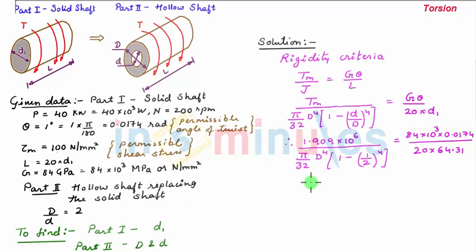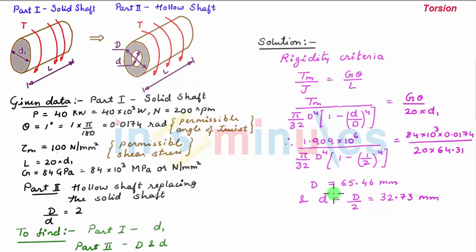So upon calculation we get this value of capital D as 65.46 mm, and also your small d will be given as capital D by 2, which is equal to 32.73 mm.